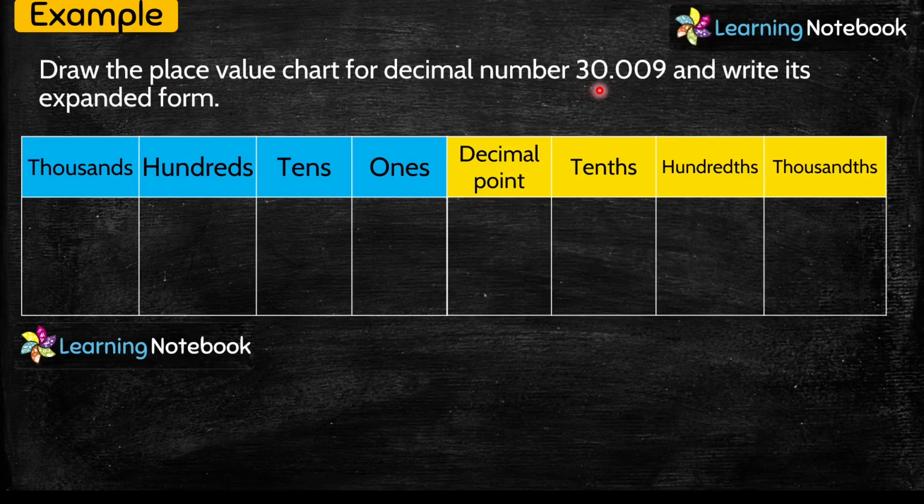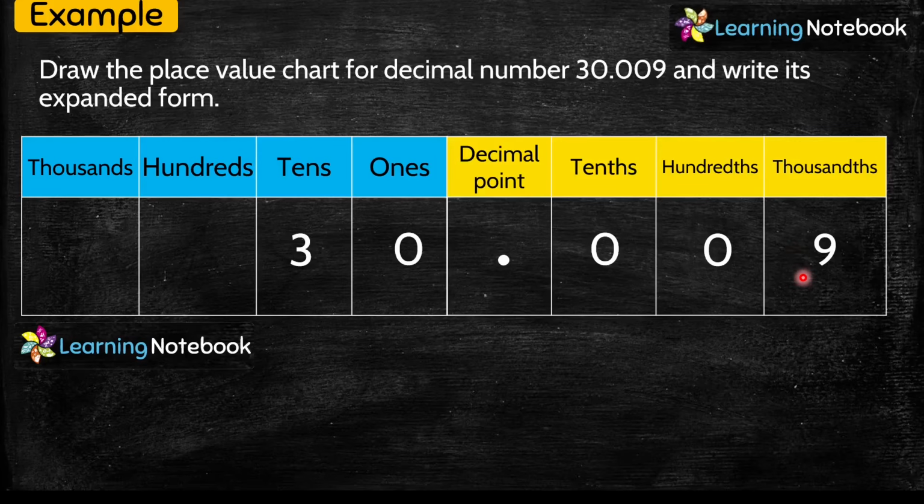So we will write 0 at ones place and 3 at tens place. Then we will put a decimal point. Next, we will represent the decimal part of this decimal number. So 0 comes at tenths place. Next 0 comes at hundredths place. And then we will write 9 at thousandths place.